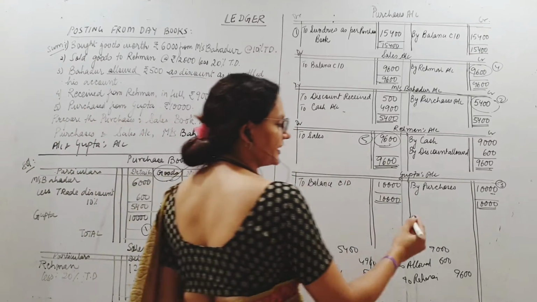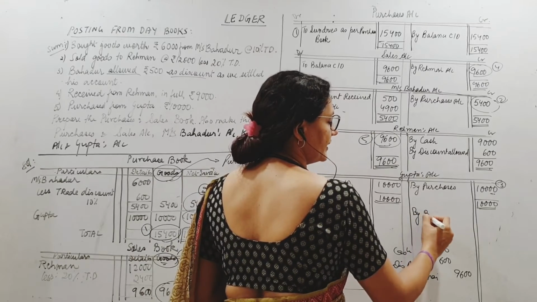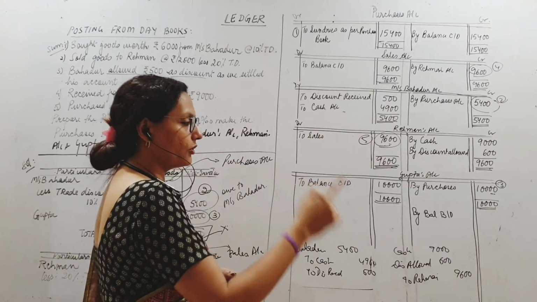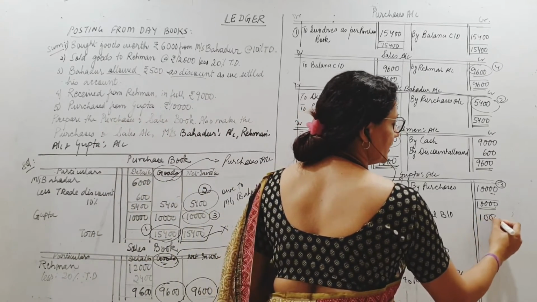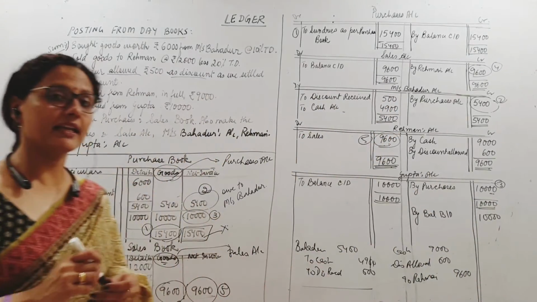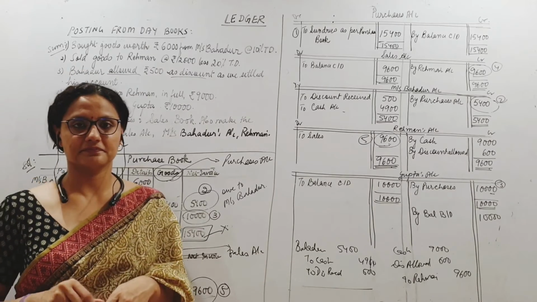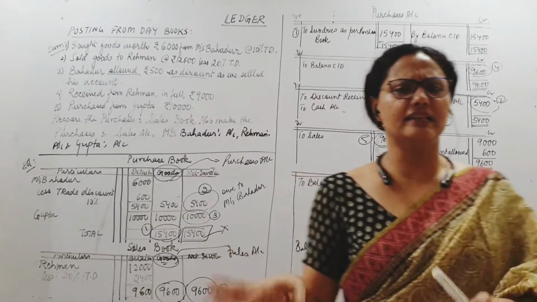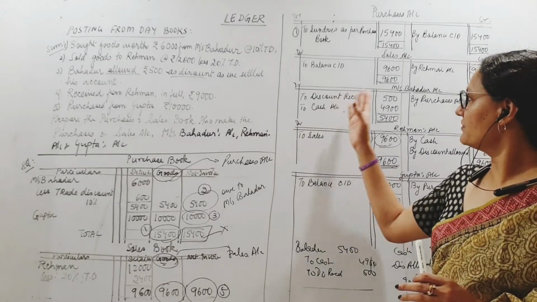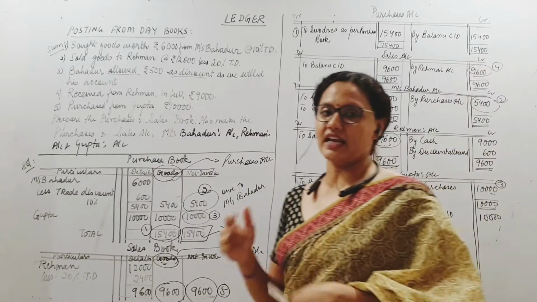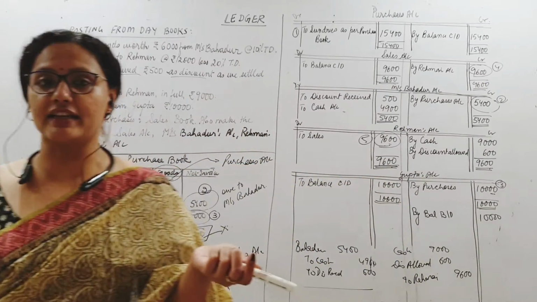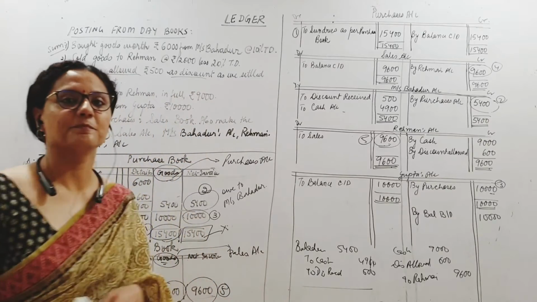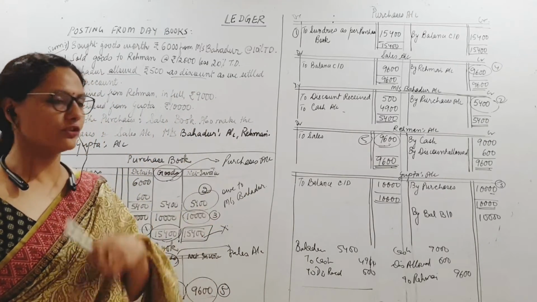So here again we can bring down the balance also in the beginning of the next period. By balance brought down 10,000, meaning Gupta is still my creditor of 10,000. It's not that ये period खत्म हो गया, चलो भूल जाओ गुप्ता को, नहीं दिया तो नहीं दिया. We haven't paid anything to Gupta, so he is still my creditor, right? And that should be shown in his account as a credit balance. Alright? So that's how we show Gupta's account.